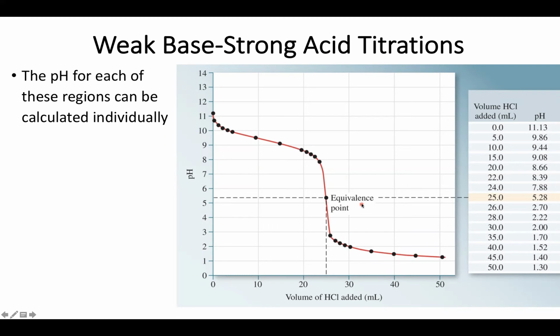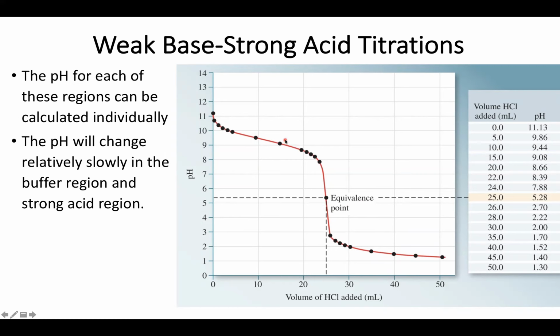And one of the things I do like to emphasize is that you'll notice the pH will change fairly slowly in the buffer region, as the buffer will help control any sort of pH change, and fairly slowly in that strong acid region, as we're mostly looking at the concentration of just strong acid in essentially less and less diluted water.